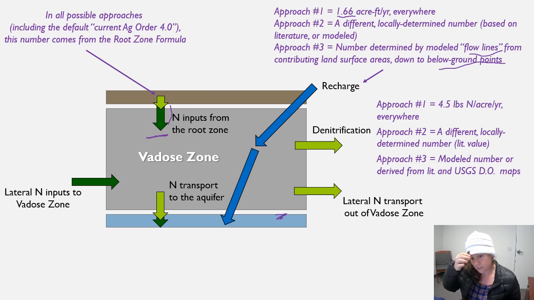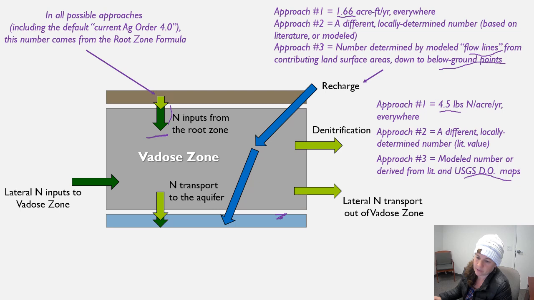For denitrification, in approach number 1, the existing Ag Order, we would apply 4.5 pounds of N per acre per year everywhere. For approach number 2, we might apply a different locally determined number. That would be a literature value, most likely, or a collection of them. And then in approach number 3, we could use a model number, or currently the approach with NPSAT is to use a number that's derived from the literature, but then tailored based on the application of these USGS dissolved oxygen maps.